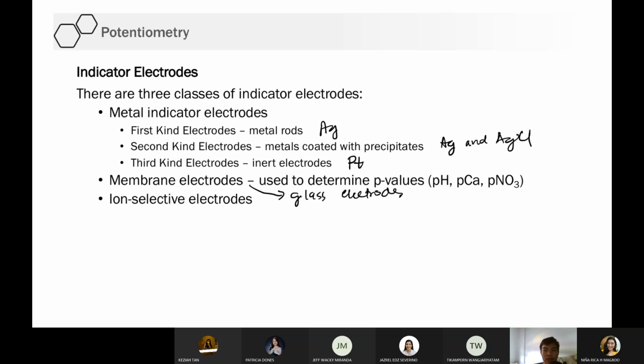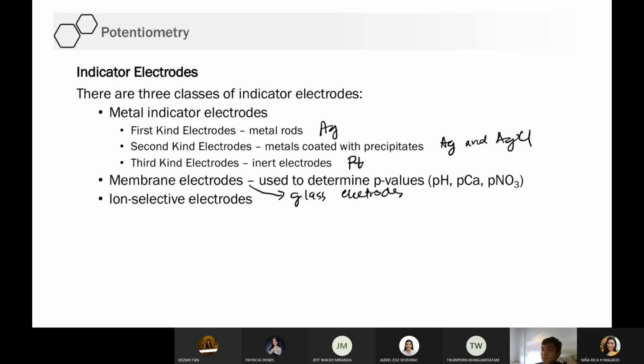If you are familiar with pH meters, if you look at the bottom part of the electrode, you can see a glass there. So your teacher usually tells you to be careful when handling that glass because that glass is a membrane electrode. It is very sensitive. So that's why you are not supposed to touch it. You can only rinse it, but no touching.